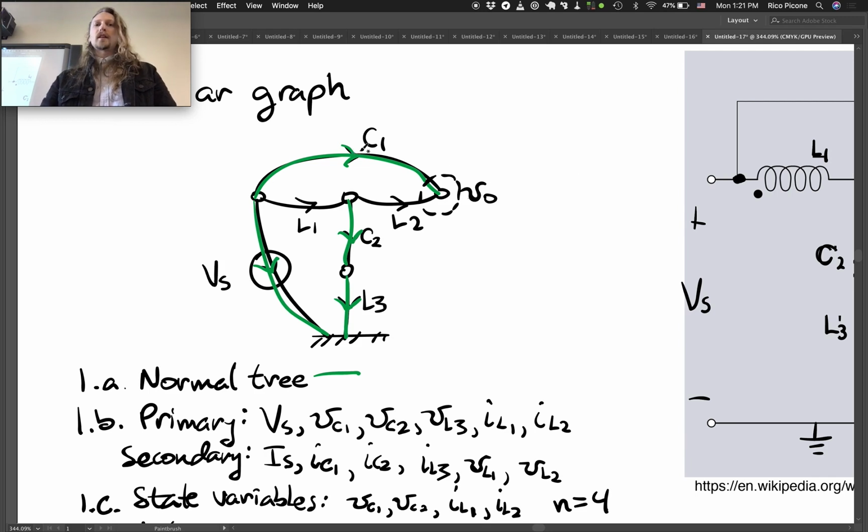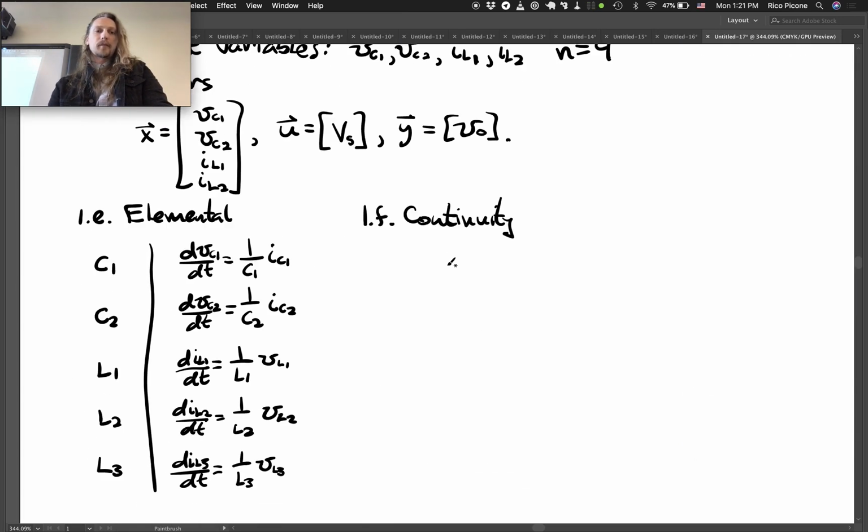It says that the current going into the contour is IC1, equal to everything going out. So IC1 equals negative IL2.